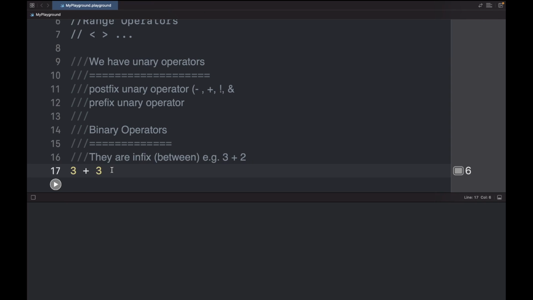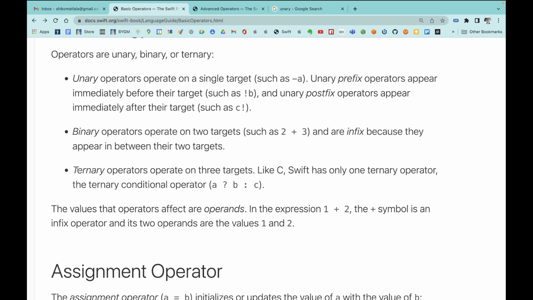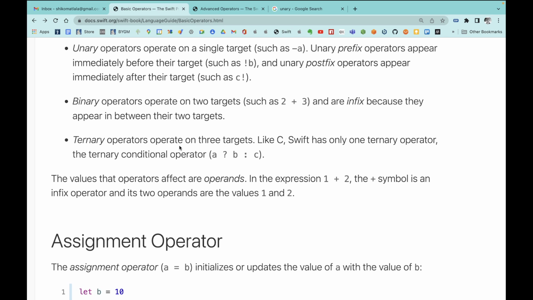Okay. Lastly, we have ternary operators. What are we to learn about ternary operators? Ternary operators operate on 3 targets, right? Like C, Swift has only one ternary operator, the ternary conditional operator.